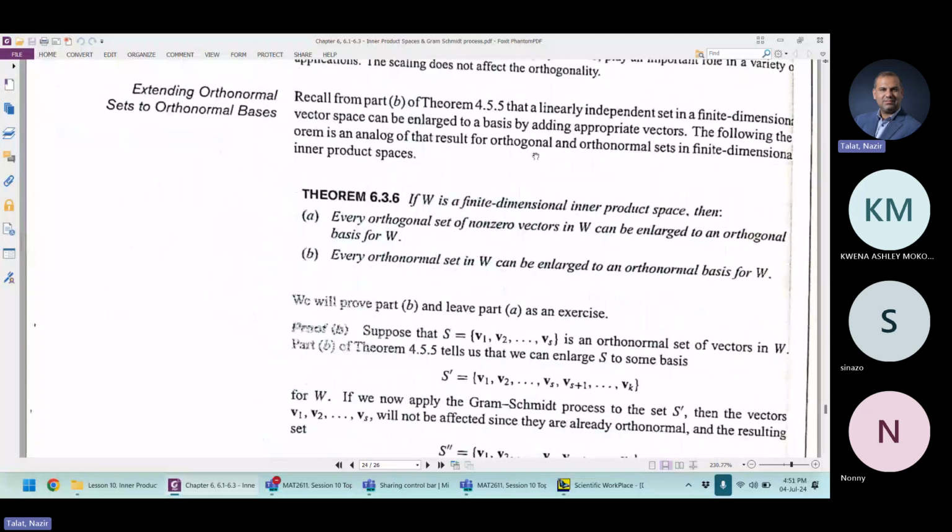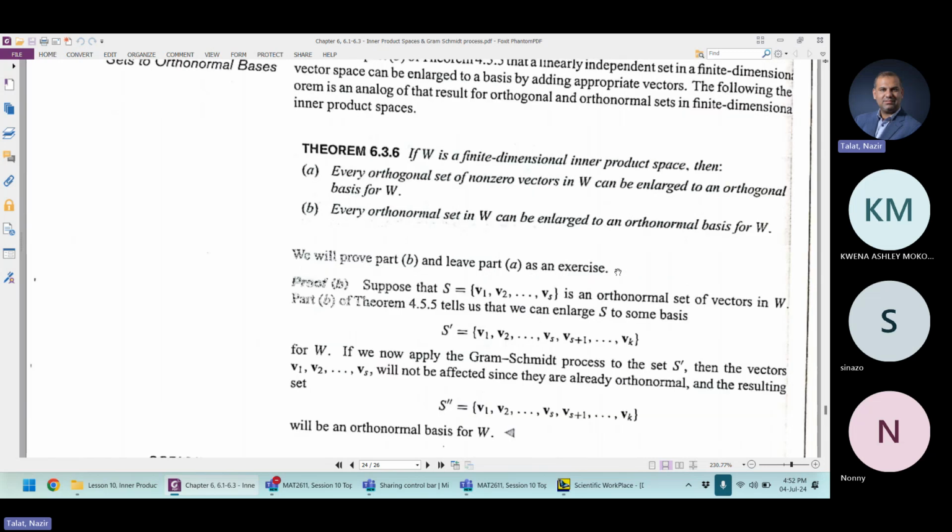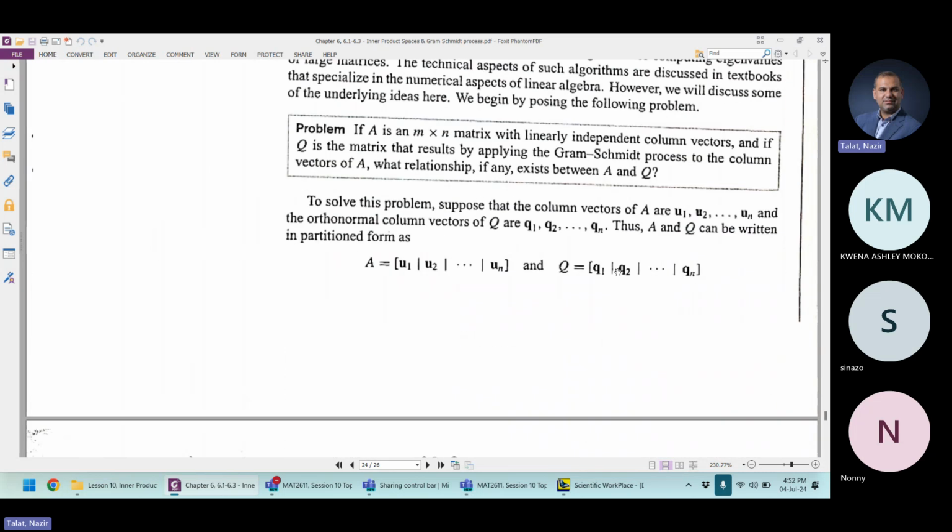And in finite dimensional vector spaces, every orthogonal set of non-zero vectors can be enlarged to an orthonormal basis of W. Meaning any kind of basis we can convert to an orthonormal basis. Every orthonormal set in V can be enlarged to an orthonormal basis. So for any kind of basis we have available, when we apply this, we can convert them into the form of an orthonormal basis.